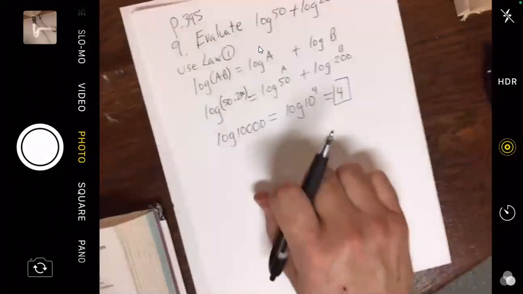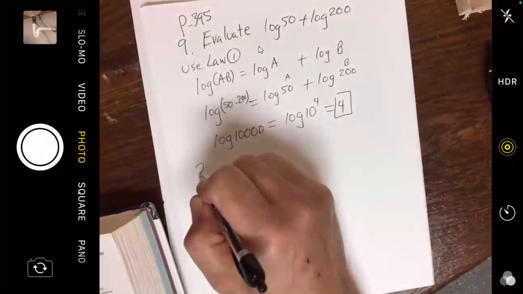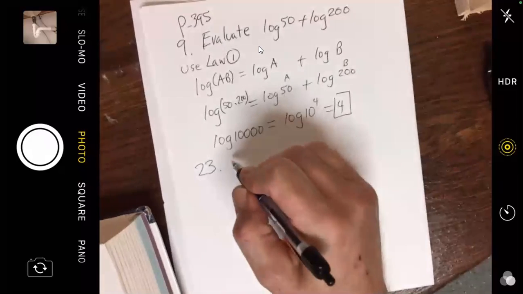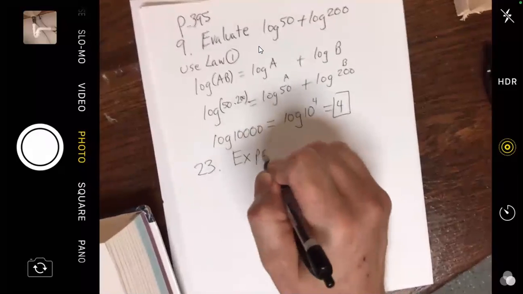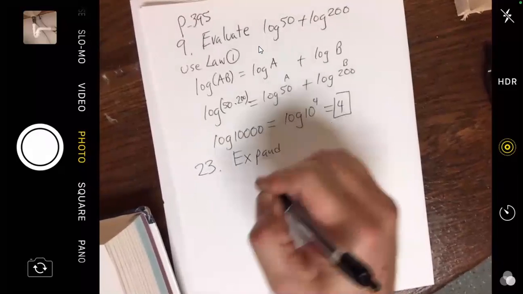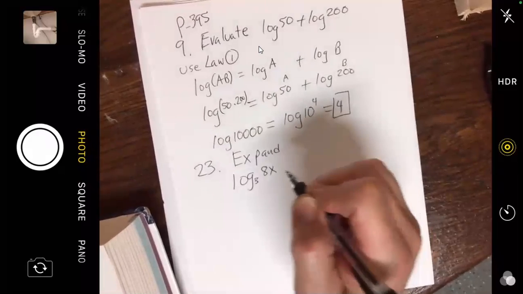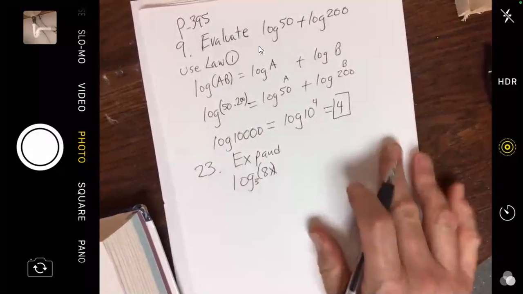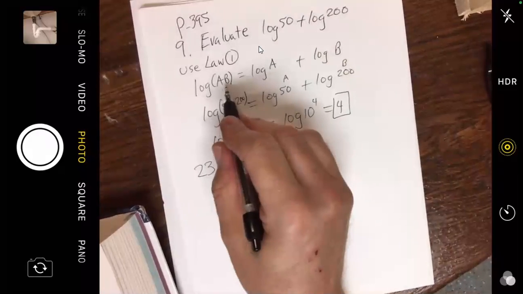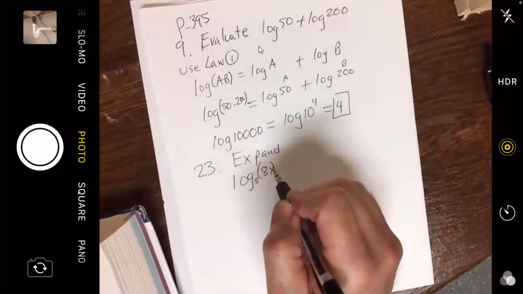You start in with the algebra down around 23. Expand, it says. 23 is a log base 3 of an 8x. Well, again, it uses the similar log here. 2 pieces, A is like your 8, B is like your x.